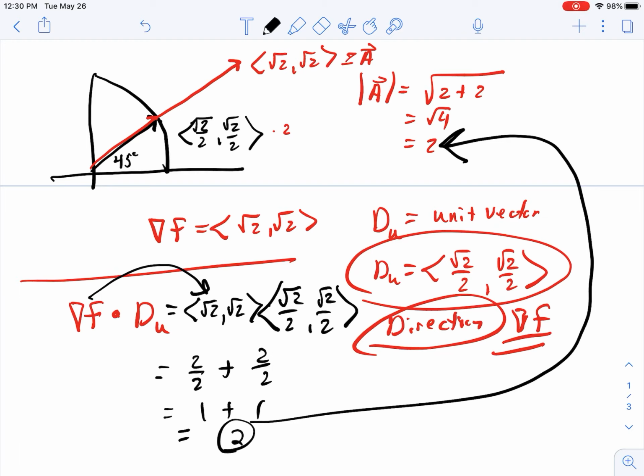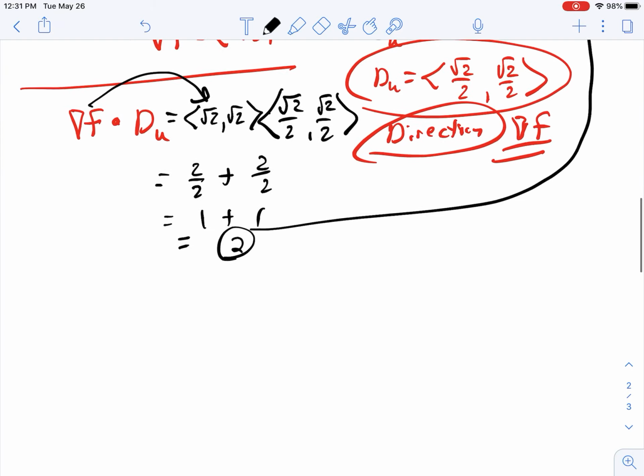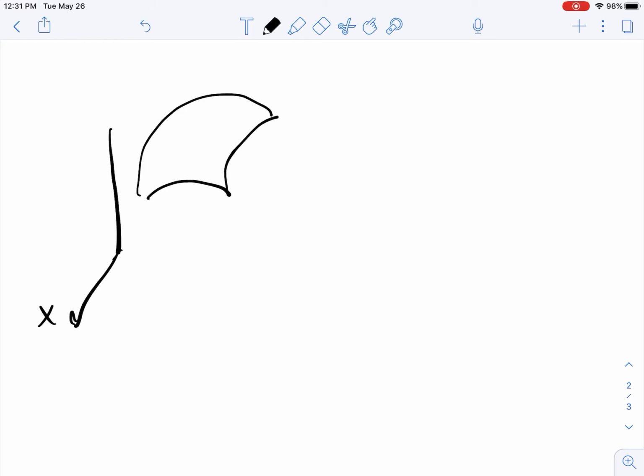So that's what's happening in two-dimensional, but obviously we are going to be going in three-dimensional, but it's the same thing. Okay? All right, so now let's look at it in terms of three-dimensional. So here's my sheet, and here's my x-axis, y, and z.